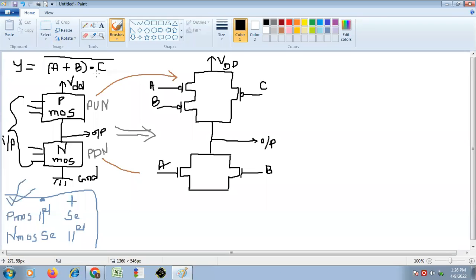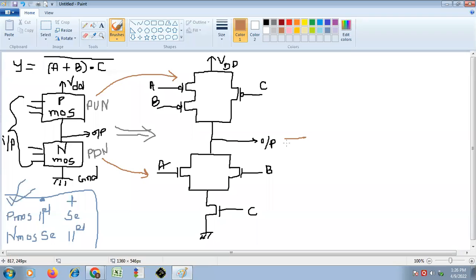And now this dot C, but dot in case of NMOS we have to connect in series. So this C will be in series connection, and here is the ground. Clear? Now this is the pull down network and this is the pull up network.